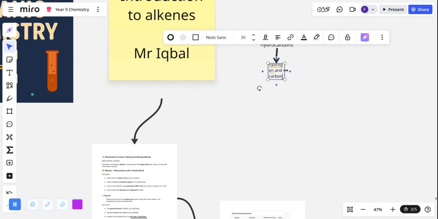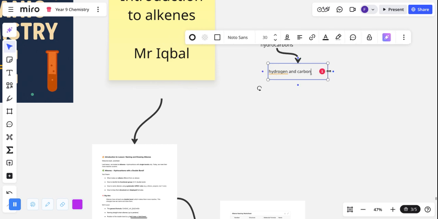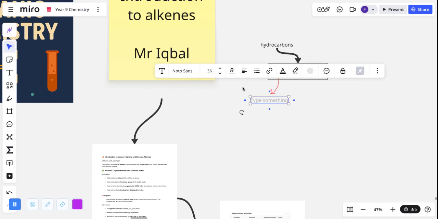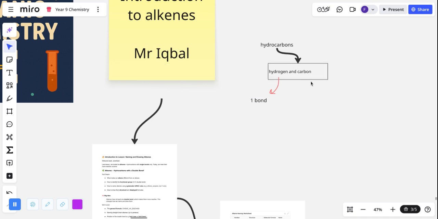When you look at hydrogen and carbon, hydrogen has one outer electron. It forms one bond. Carbon is in group 4. It forms 4 bonds. This never changes.